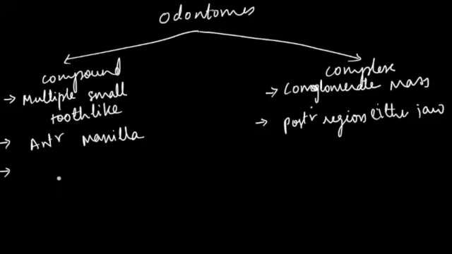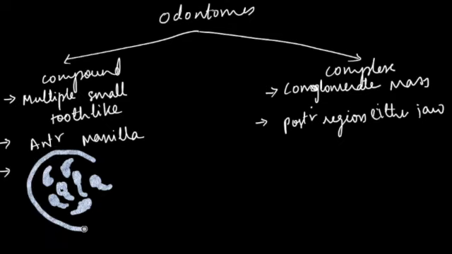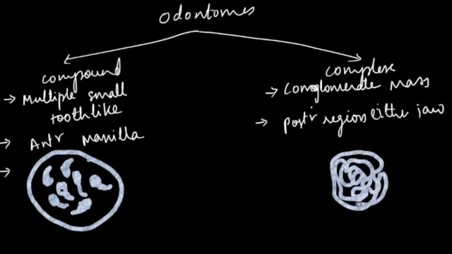Now, radiographically, a compound odontome will show small tooth-like structures with a crown and root kind of architecture, all grouped in a mass, with a lot of radiodensities inside this zone, which have radiodensity similar to the tooth structure and are surrounded by a radiolucent rim, whereas a complex odontome will show a big, conglomerate mass of radiodense material.